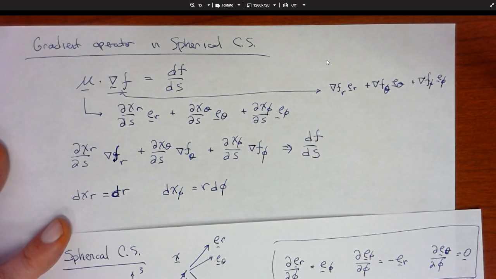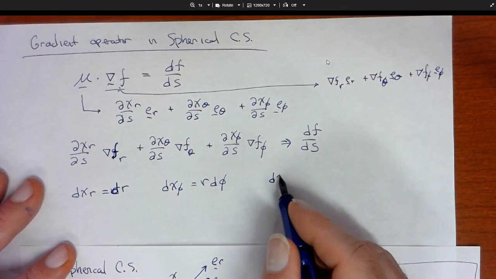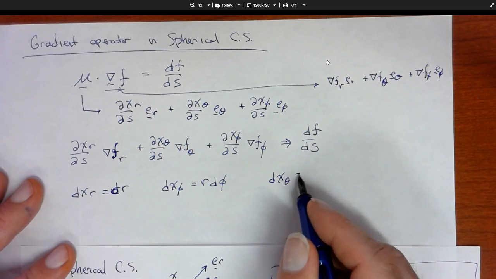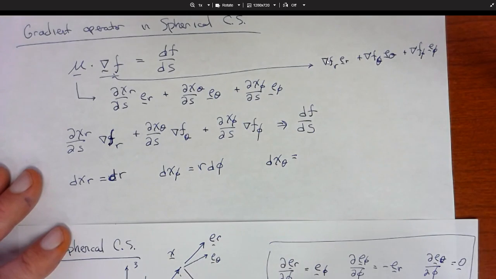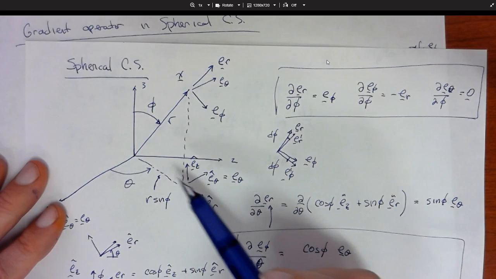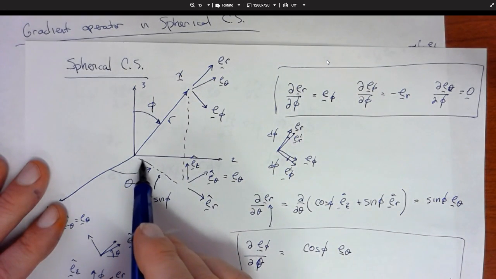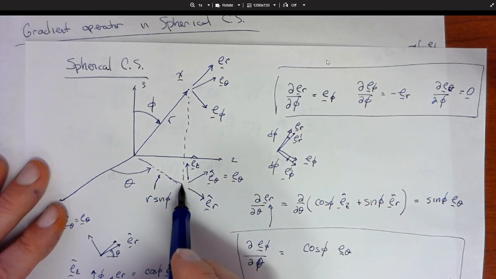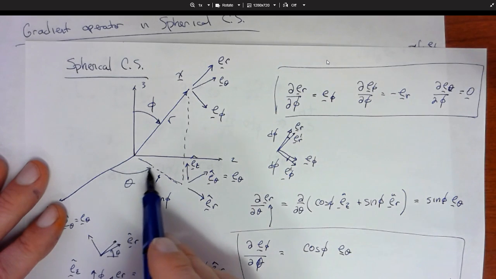Now, when we do the theta direction, this one's a little bit different. I need to go back to this picture. When we move this in the theta direction, it's going to be this distance here, that's the radial direction, times the differential d theta.